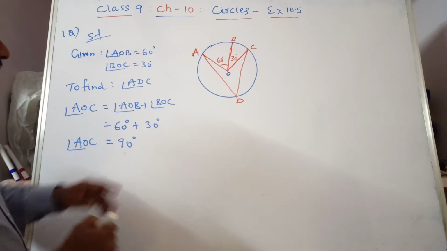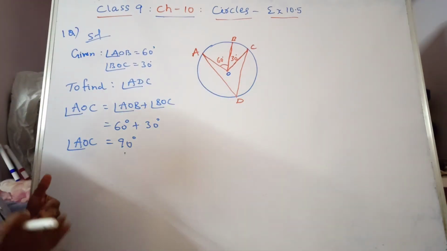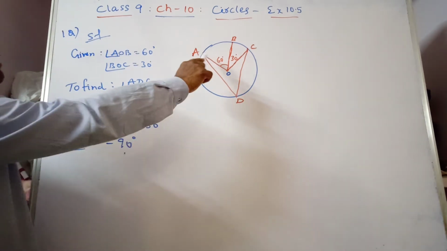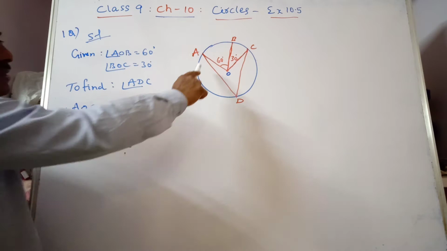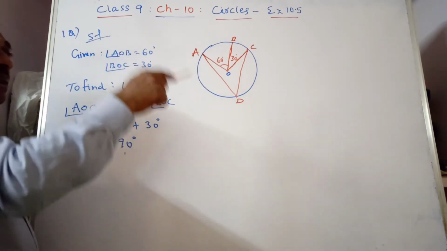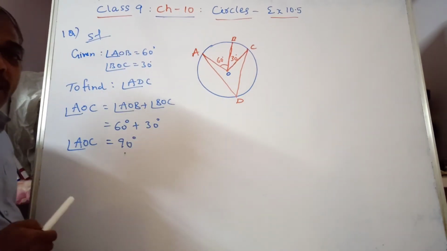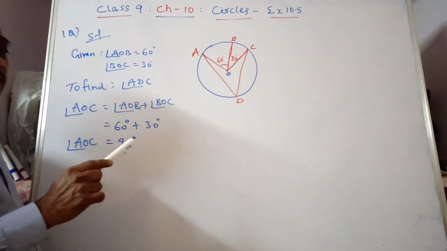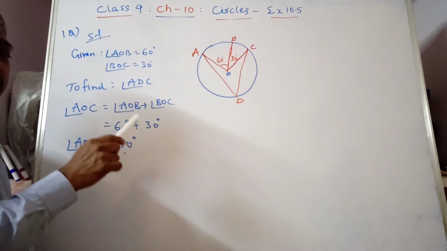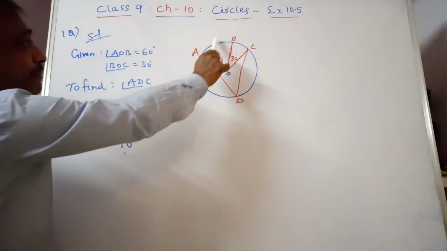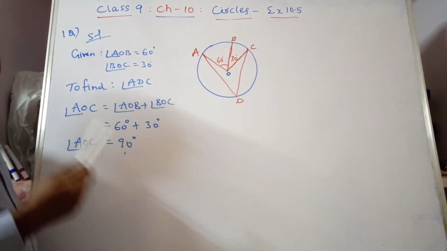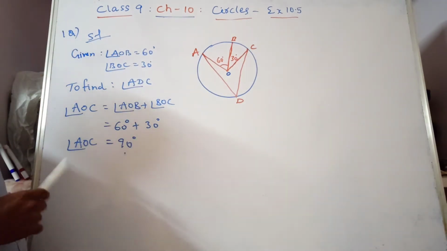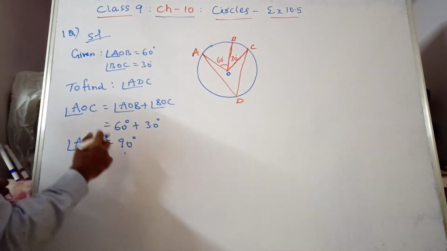Now we observe it. As we learned in the previous class, by theorem 10.8, the angle subtended at the center by an arc of a circle is double the angle subtended by the same arc at any other point on the remaining part of the circle. We have to find out angle ADC.